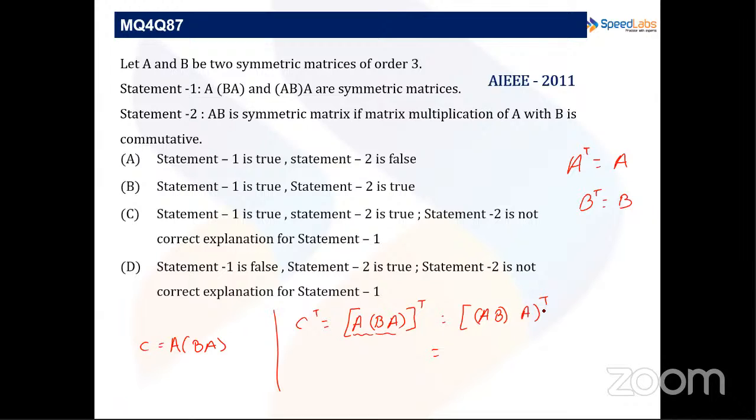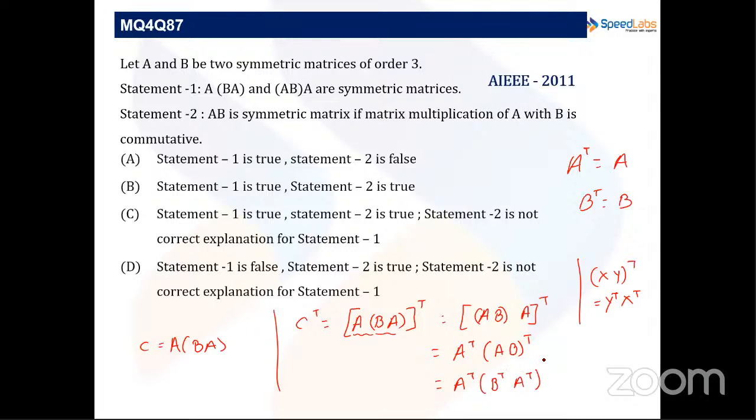So we know from the property of transpose, X into Y transpose is equal to Y transpose into X transpose. So this will be A transpose into AB transpose. So that will be A transpose and AB transpose will be B transpose A transpose.